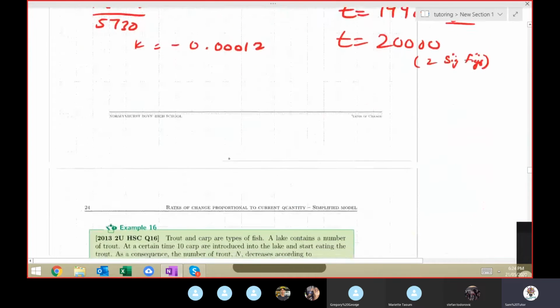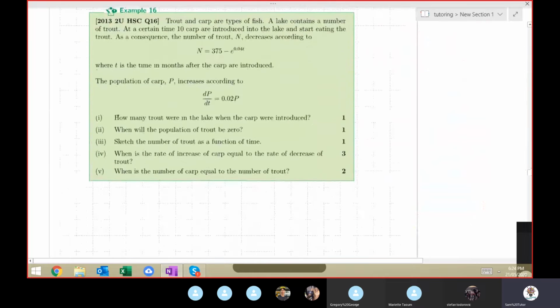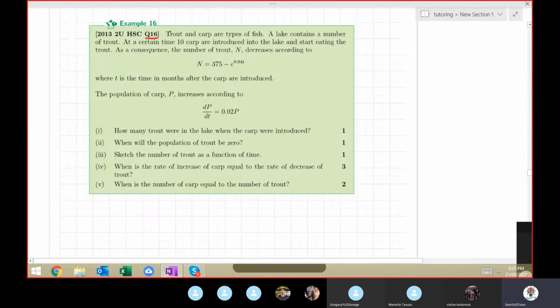Okay, we'll do one more. Maybe I'll let you read it for a sec, absorb what it's saying, and then we'll just do it together, finish it off. This was from 2013. Question 16 is the last question of the paper with the new version, with the multiple choice. So that means pretty much band 6, greater than 95.